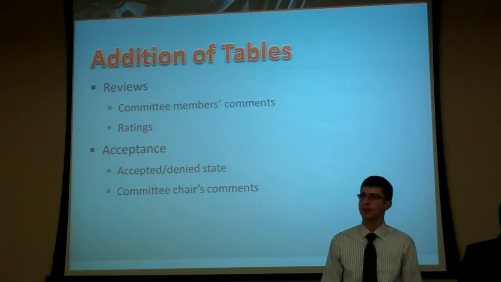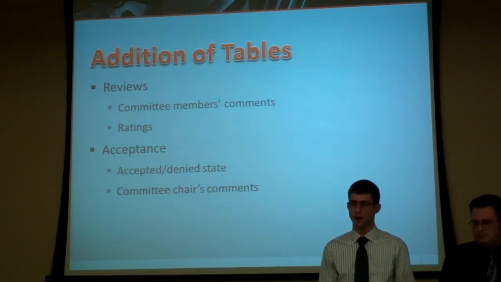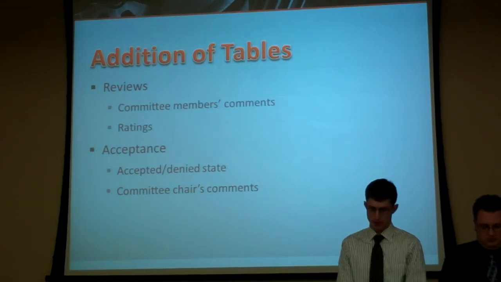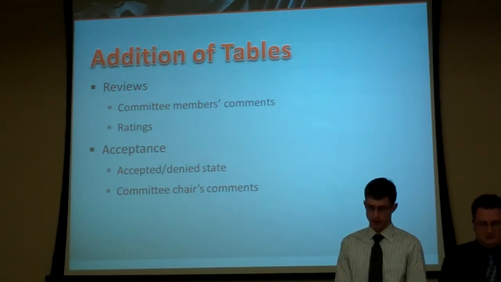All right, so with the later iterations, those being iteration 3 and 4, one of the most major changes to the project architecture itself was the addition of tables, specifically a reviews table, which worked with committee members. Committee members' comments and ratings were stored in this table.